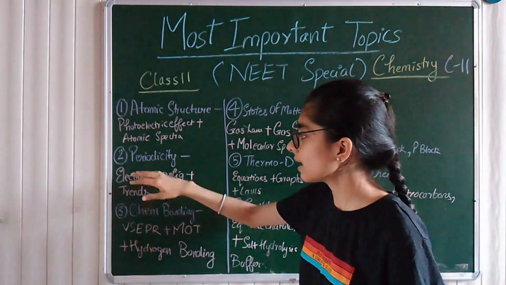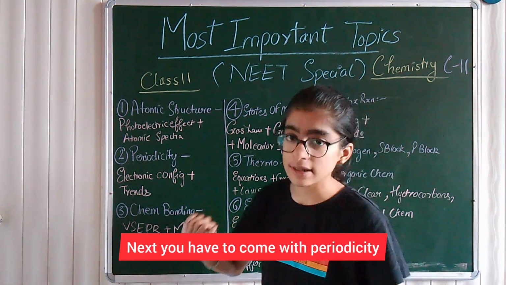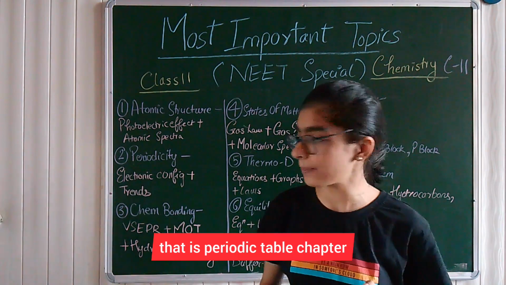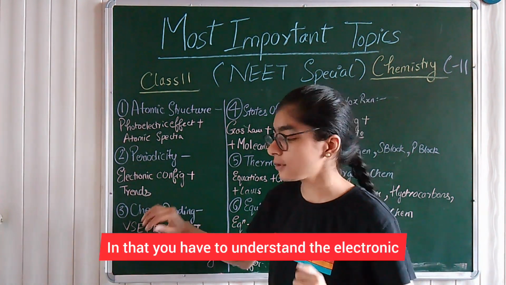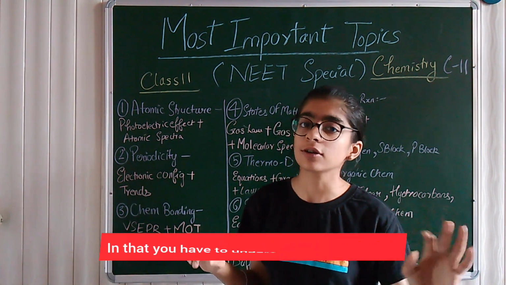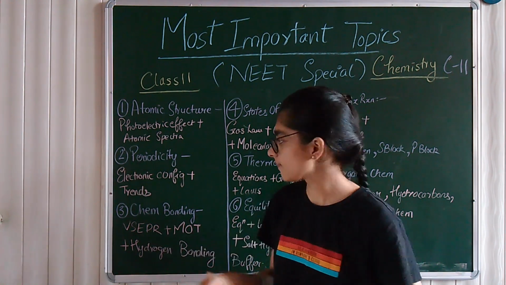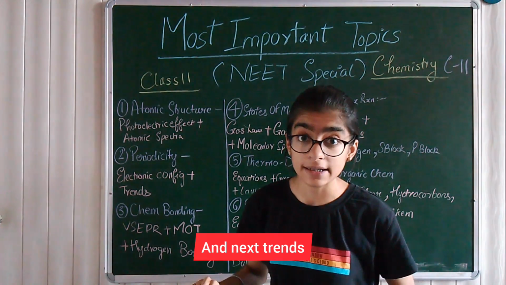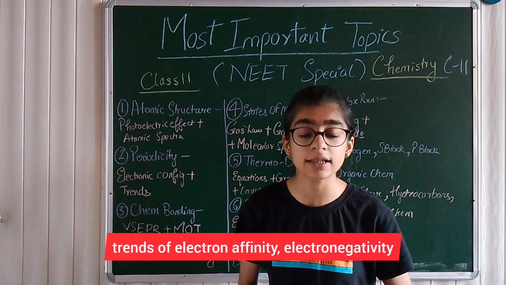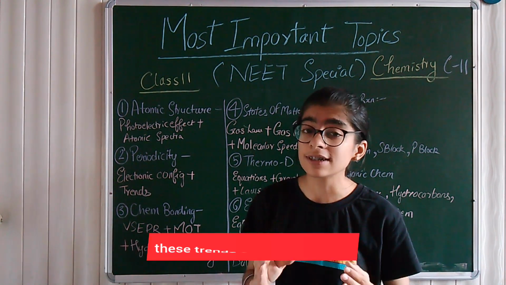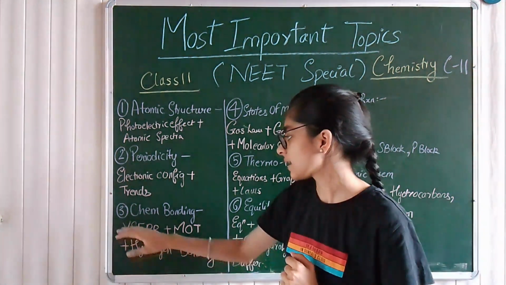Next you have to come to periodicity, that is the periodic table chapter. In that you have to understand the electronic configurations of all the groups and all the blocks. And next, the trends of electron affinity and electronegativity; these trends should be on your fingertips.